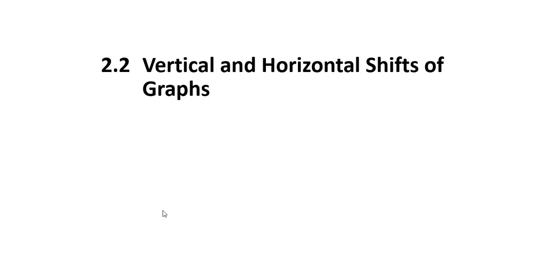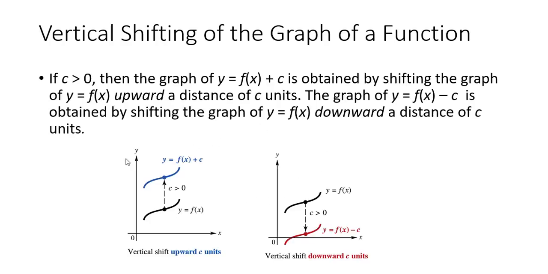We're going to talk about vertical and horizontal shifts of graphs. If c is greater than 0, then the graph of y is equal to f of x plus c is obtained by shifting the graph of y is equal to f of x upward a distance of c units.